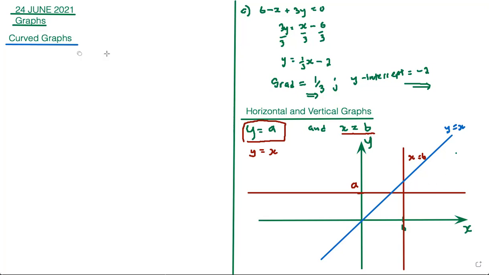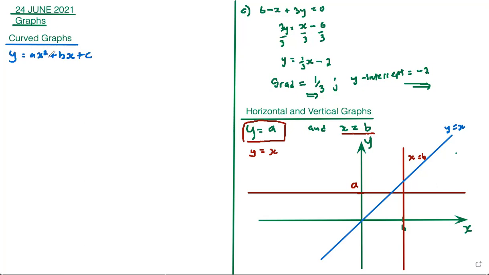I think I mentioned in the introduction that curved graphs are like this: y is equal to ax squared plus bx plus c. That's where curved graphs come from.